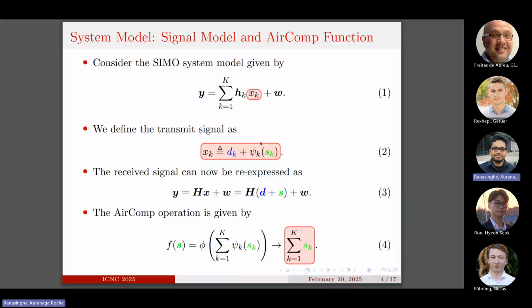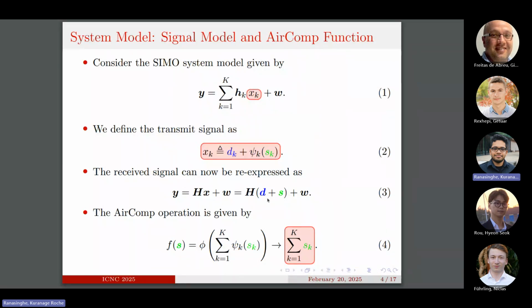What's also important to see here is that this computing signal doesn't necessarily need to be of any structure. It can be Gaussian variables, for example, but it can also be preprocessed by some function psi, as you can see here. And each of the UEs can independently preprocess their computing signals before they transmit. So the received signal can now be expressed as in equation 3, where we have this nice matrix form.